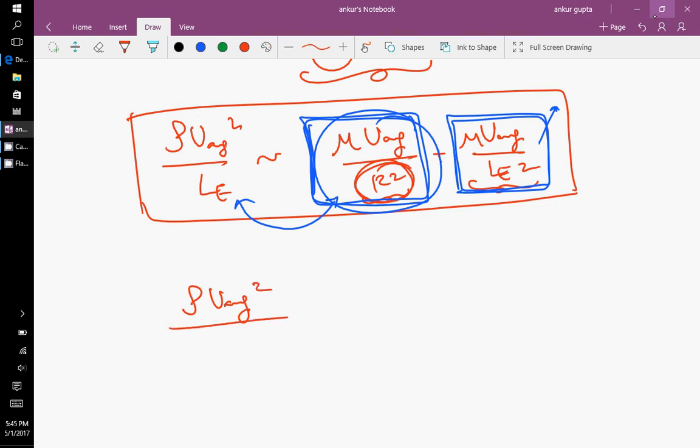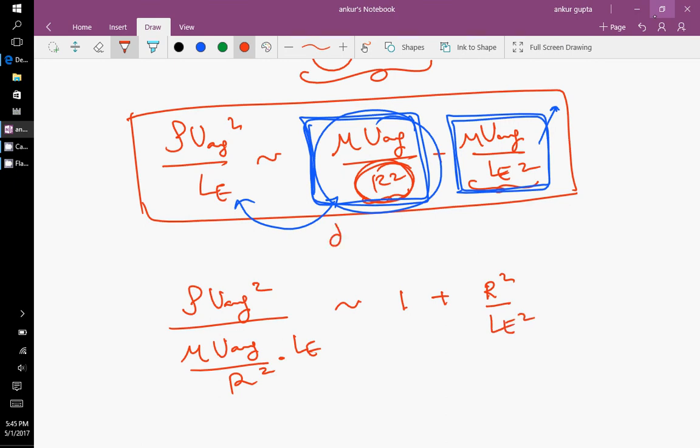And if I divide rho u square by le, and then I divide here mu u average by r square, then this will become 1 plus r square by le square.